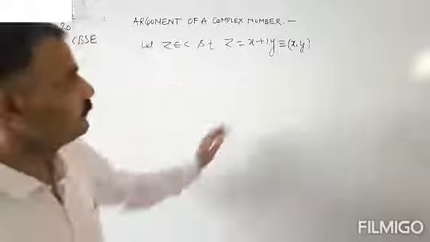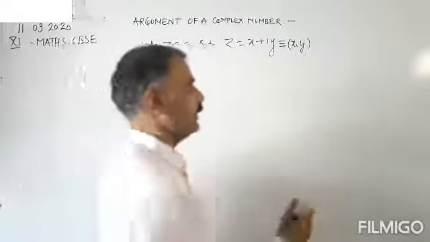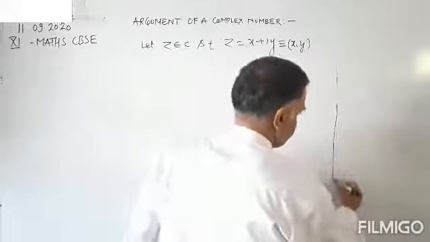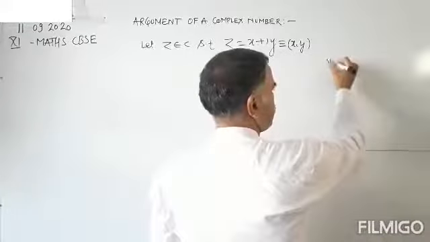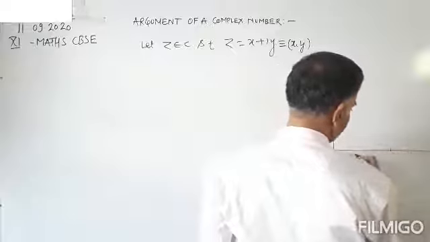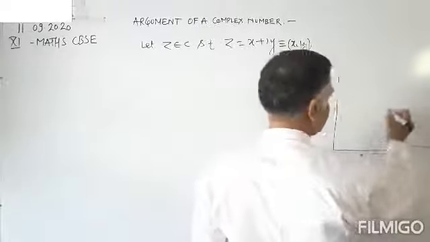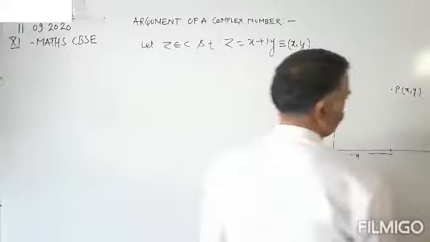Now this point (x, y) can be represented geometrically as follows: this is the x axis, this is the y axis, this distance is x and this distance is y, so the point P is representing (x, y).